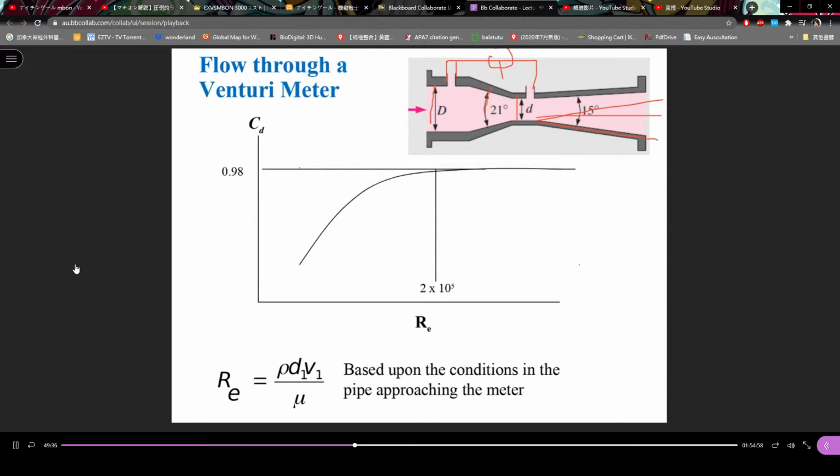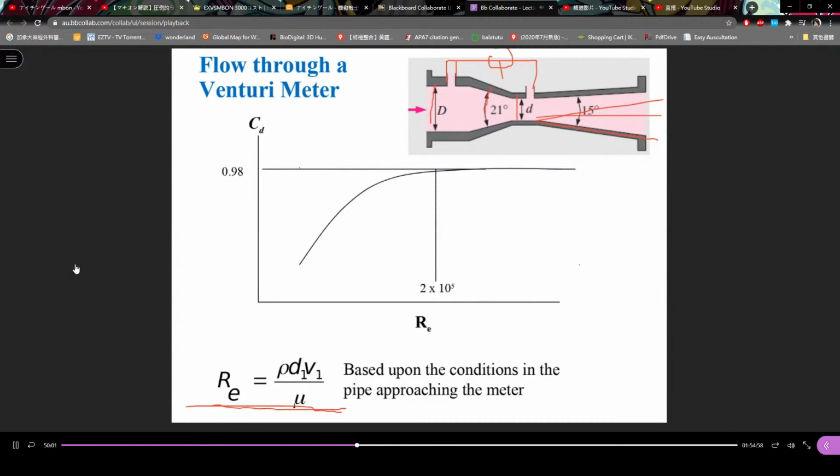And the Reynolds number can be calculated by this equation. Remember, this is a very popular property of fluid, because we need this property to find if the flow is turbulent or laminar.